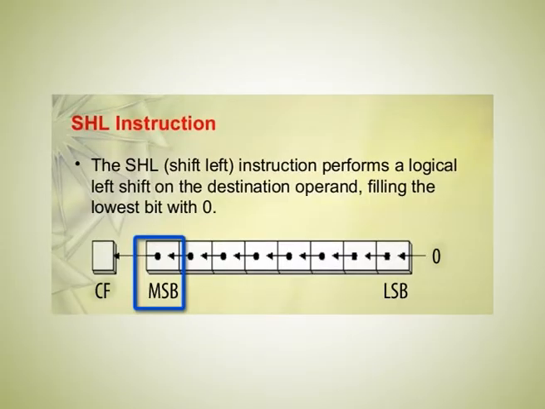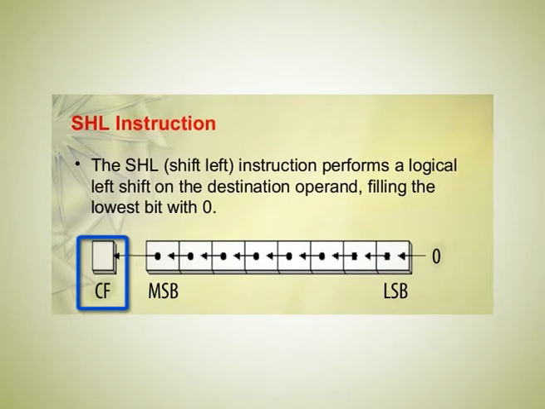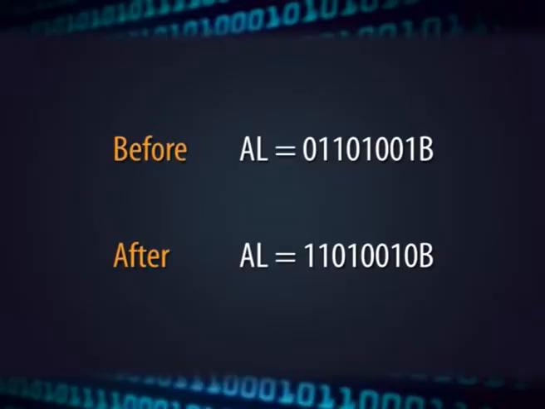The most significant bit is copied to the carry flag, and the least significant bit is filled with 0. After the execution of SHL AL, 1, the new value of AL will be as shown below. Also, the old value is shown. So, you can see the effect of the shift left operation on the register AL.